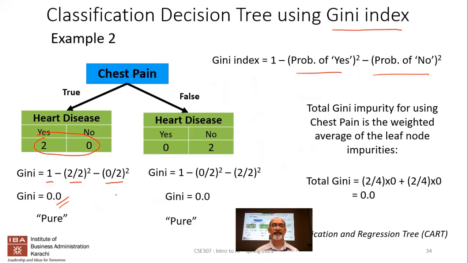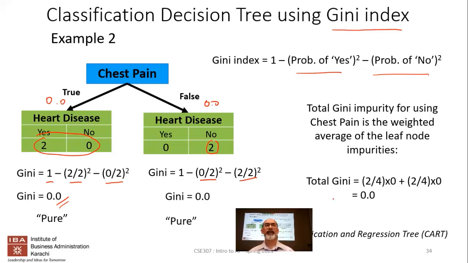So the entropy on the left side is 0. The entropy on the right side is also 0 because it's completely pure. All negative, no positive. In this case it's slightly different, it's 0 upon 2 first and then 2 upon 2. But in both cases, the entropy comes out to be 0.